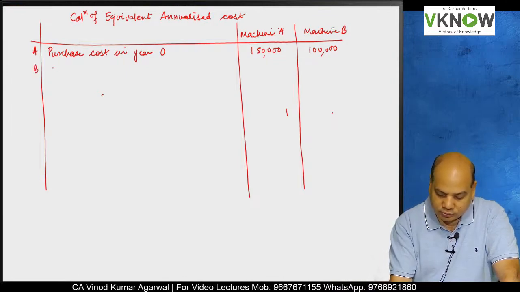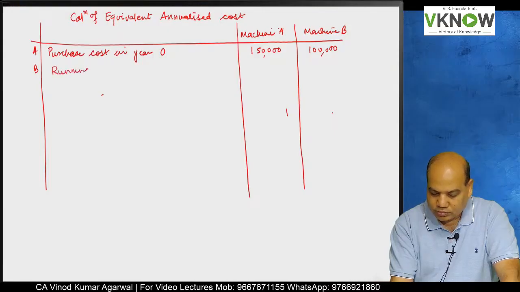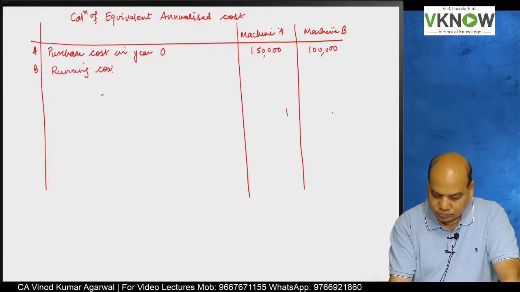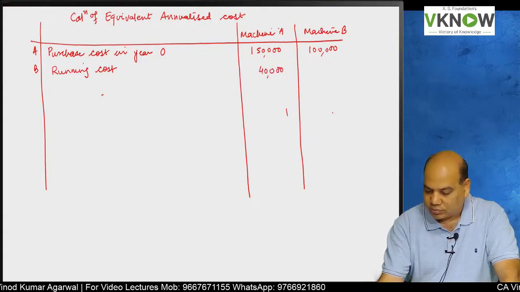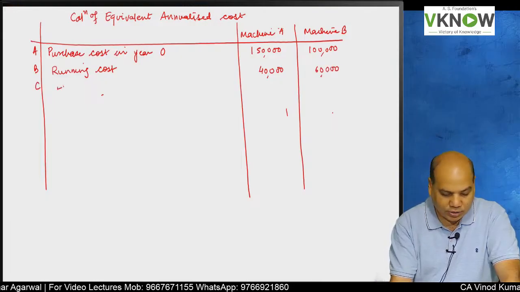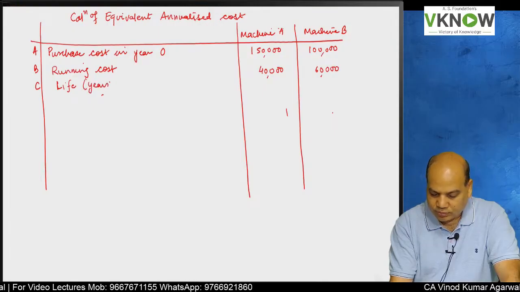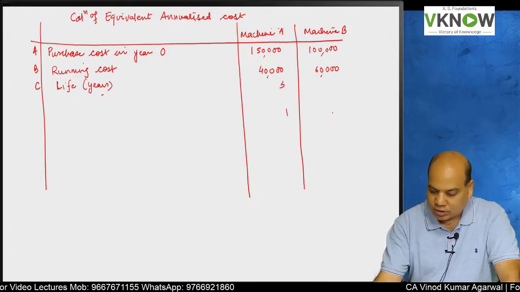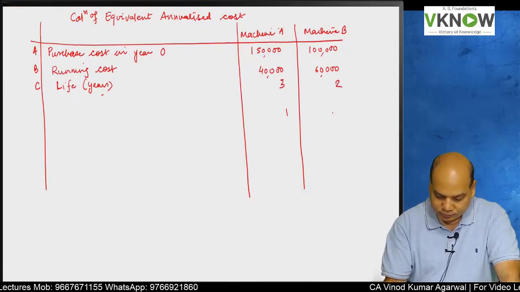Second, write down running cost. Running cost is 40,000, 60,000. Point C, write down life in years. This has 3 years life. This has 2 years life.